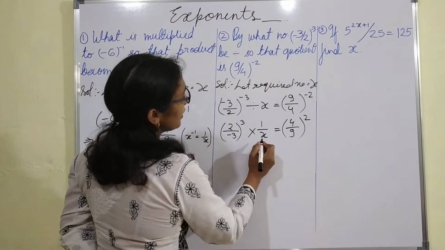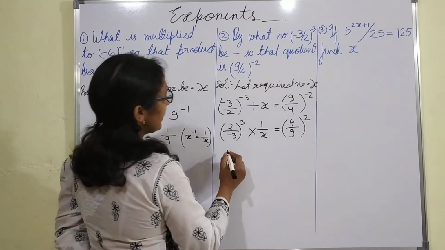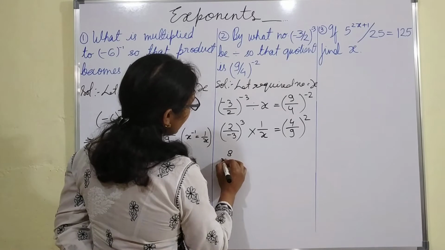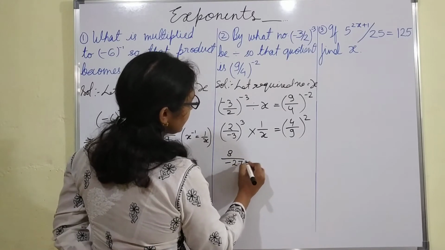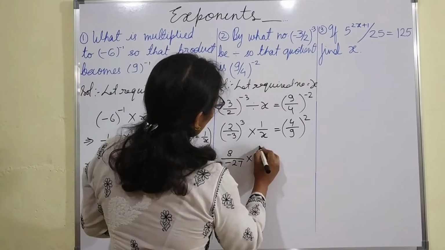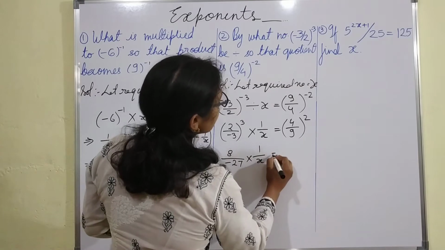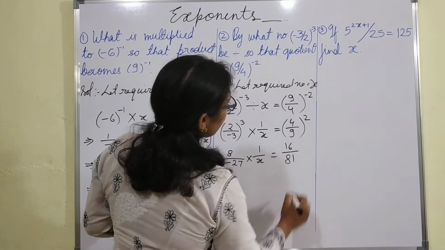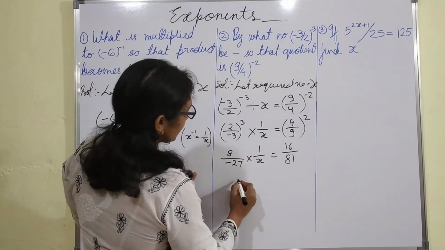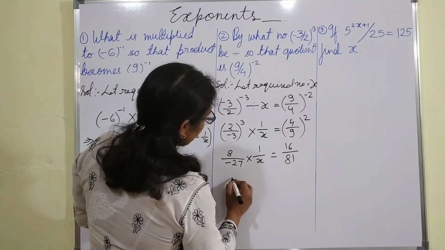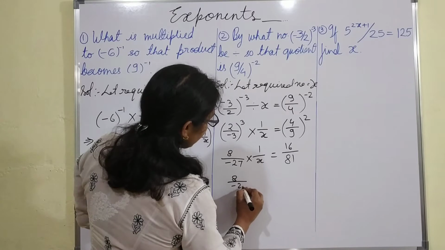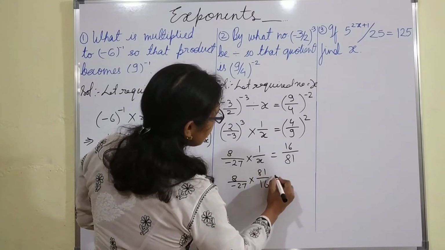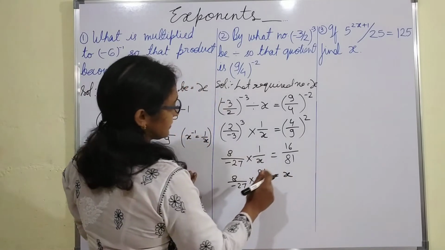So we have to find the value of x. 8 upon minus 27 into 1 upon x equals 4 upon 9 whole squared, 4 4s are 16, 9 9s are 81. So 8 upon minus 27 into 81 upon 16 equals x.